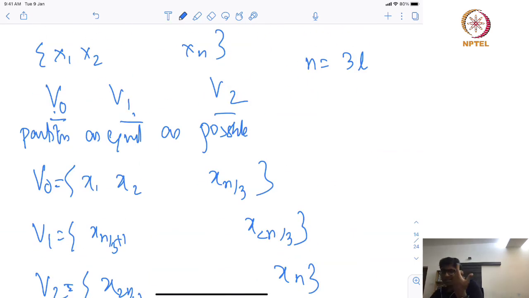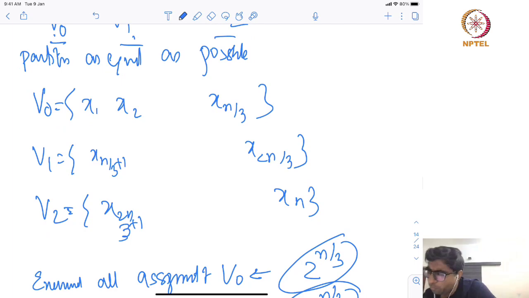Okay. So, giving an edge is very simple. So, you put an edge between every assignment.